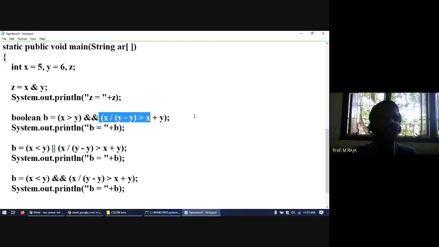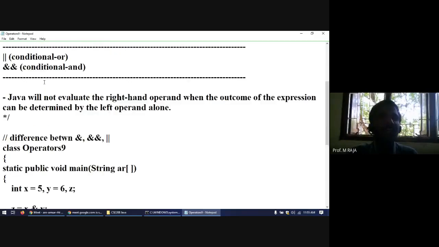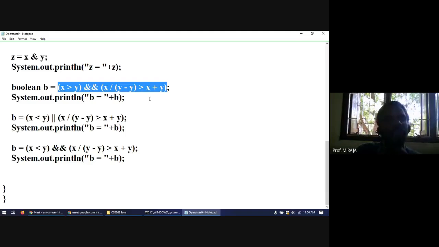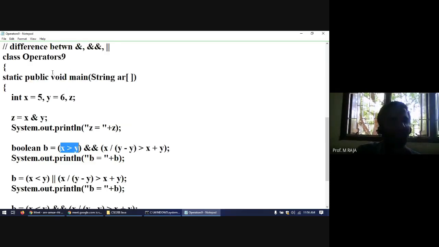But as far as short circuit logical AND, that is conditional AND, is concerned, the left hand operand is evaluated first. If the left hand operand determines the final result of this logical AND expression, the right hand operand will not be evaluated. This is a very important feature. x greater than y means x is 5, and the condition 5 greater than 6 is false. So the total result of the Boolean variable b is false without evaluating the right hand side expression.